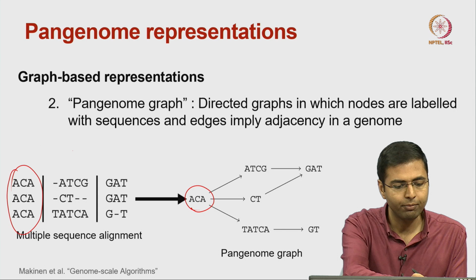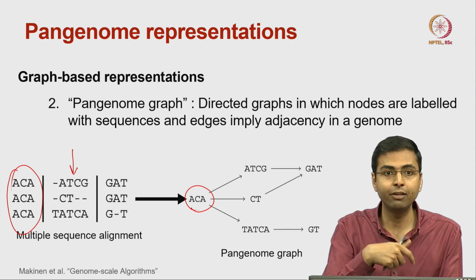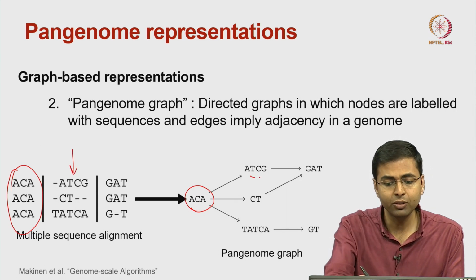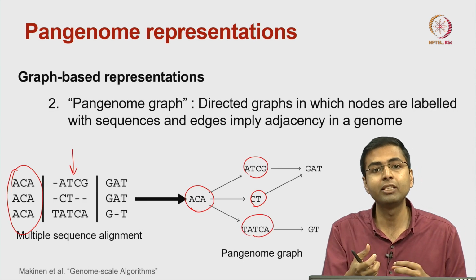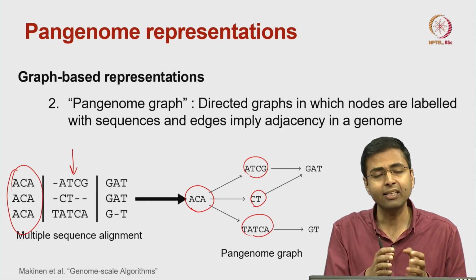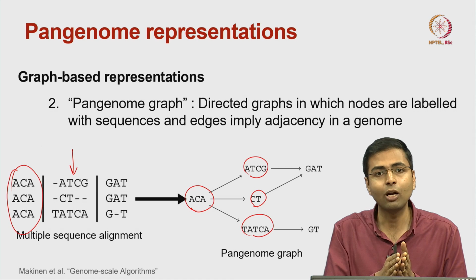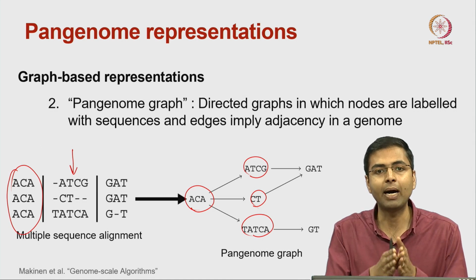For the variable portion where the sequences differ a lot, we could use different vertices for individual sequences to indicate that these sequences vary from each other, and therefore they should be represented as alternative paths in the graph.